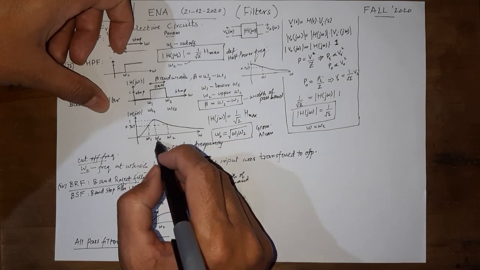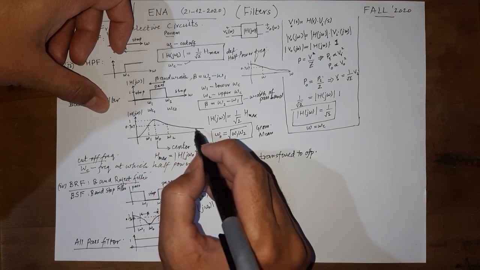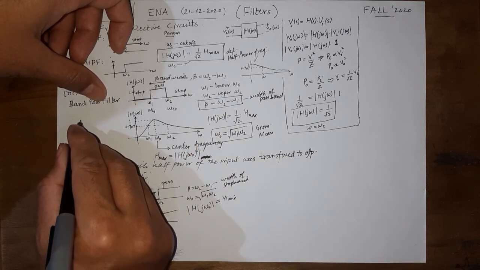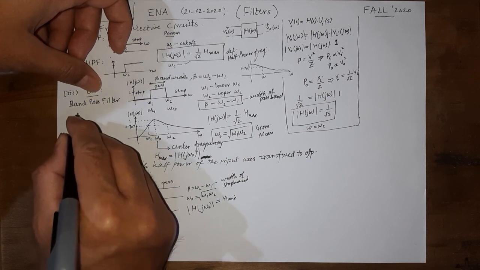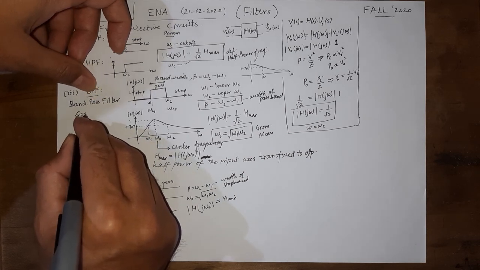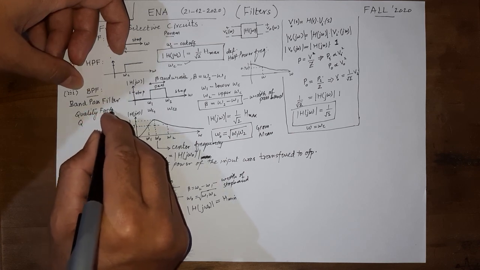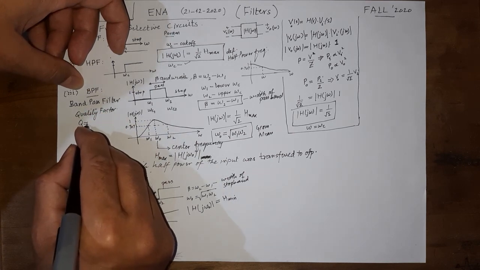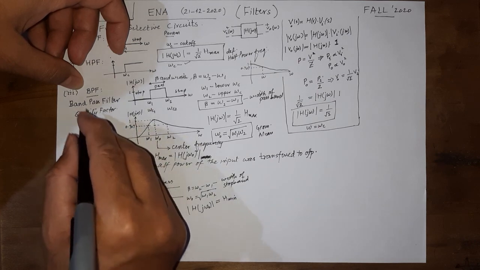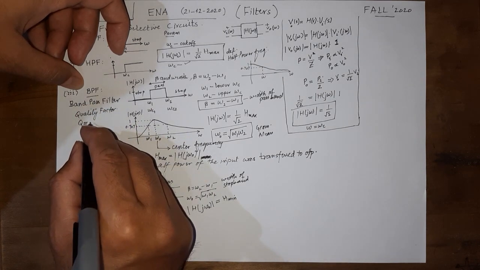So this exact point omega naught and the bandwidth gives us the definition of another very important parameter of a filter, that is known as quality factor, Q. So filters usually of the same kind, the band pass filter and band reject filter, are compared by their quality factor.